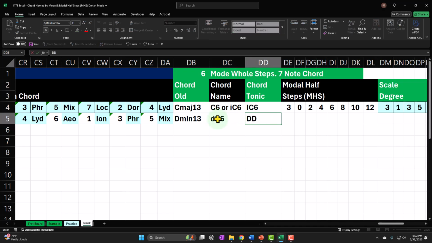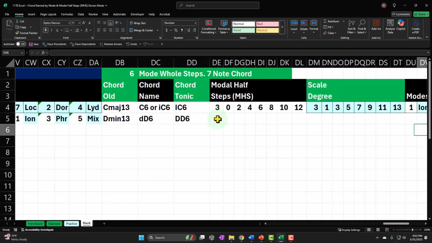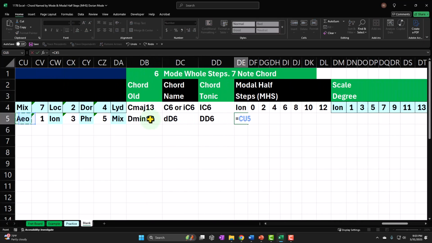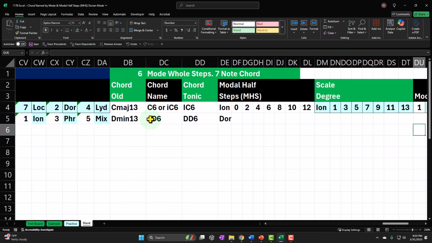So it would be a lot easier if we just recognize the modes; the naming convention would naturally follow and be easier to do. Now, we'll get into that later. So we're going to say, what are the modal half steps going to be? Let's say we start on the Dorian. This is going to be equal to the Dorian, and then we've got 0, 2, 4, 6, 8, 10, 12.